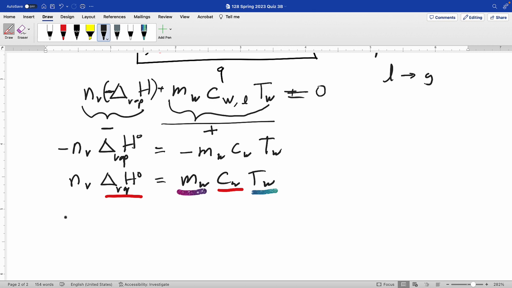The moles of vapor that condense is the mass of vapor that condensed divided by the molar mass. You can use M bar or MM or any symbol as long as it's clear what you mean. If we divide the mass by the molar mass, that gives us the number of moles, the same as N. So we're just replacing N with that. Now we rewrite this.